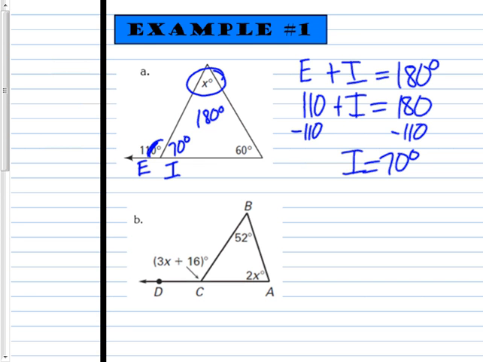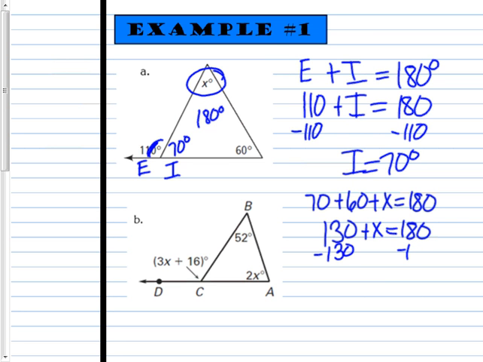So I know that 70 plus 60 plus x equals 180. What is 70 plus 60? 130 plus x equals 180. Subtract 130 from both sides. X equals 50. So the value of x is 50, or x is 50 degrees.